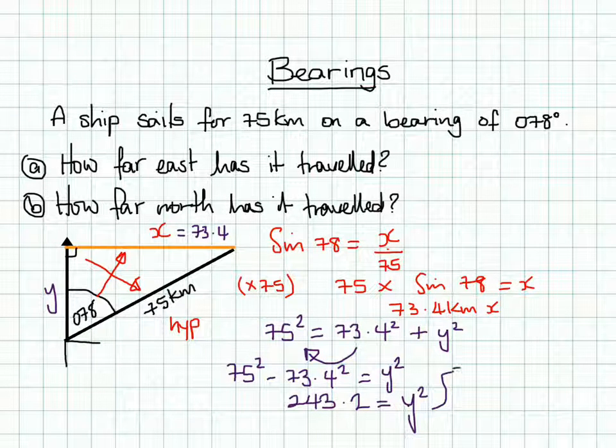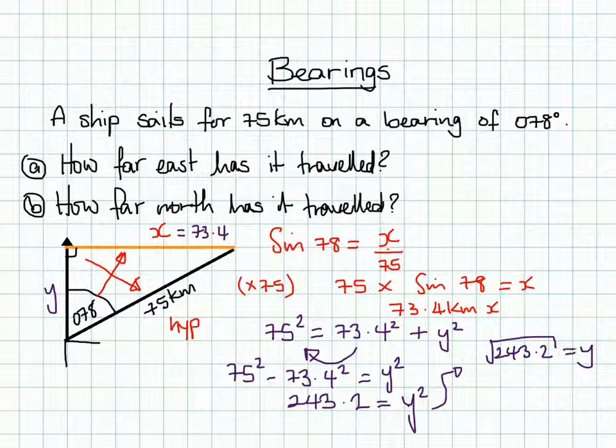I will do that working out up here. So we square root 243.2 to then get y, which will give us 15.6 kilometers. So here are our answers. You need to travel 15.6 kilometers north in order to be in line with that ship.